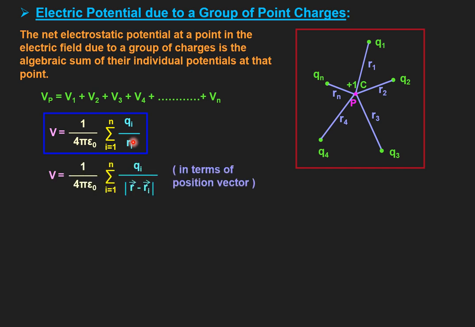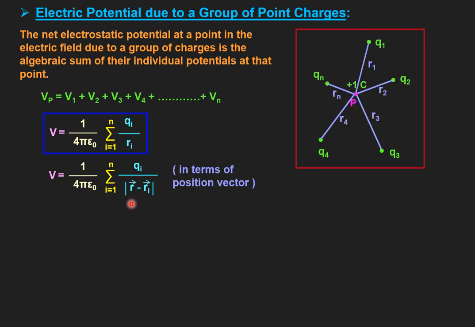In the same way, in terms of position vector, let me call this point P, the observation point. It has the position vector R from the origin of the coordinate system, that is, R vector is the position vector for this observation point. In that case, what can we write? Ri will be the position vector of any ith charge.